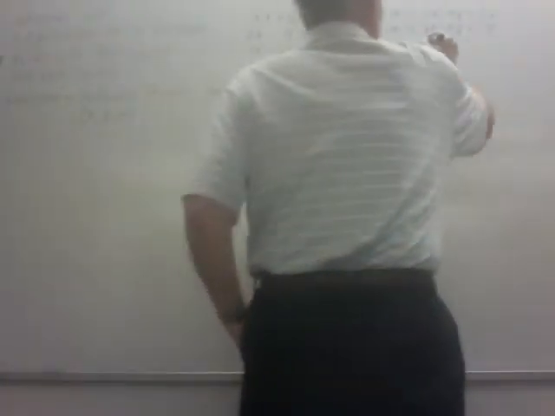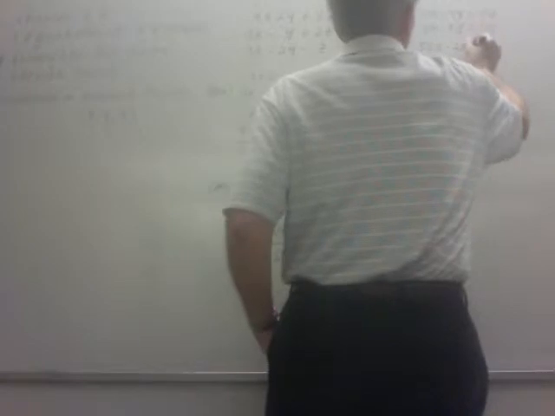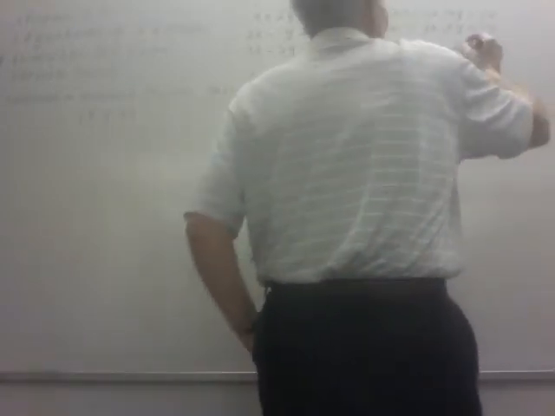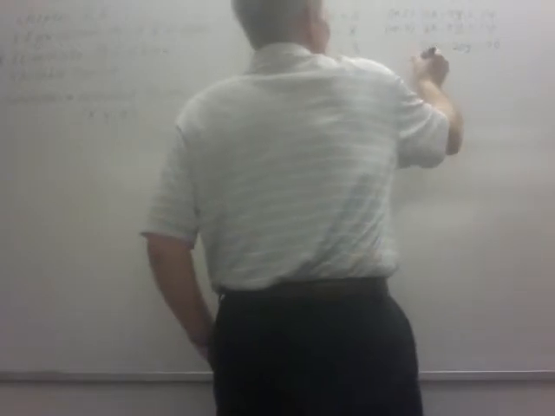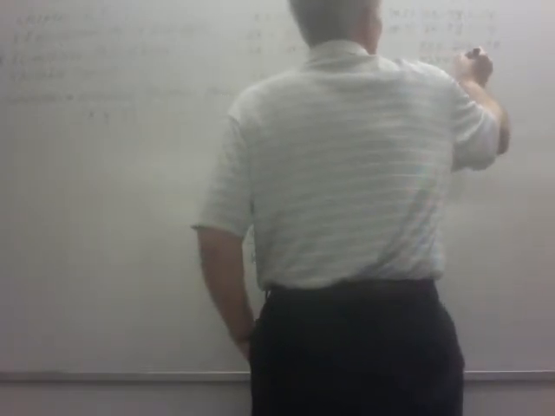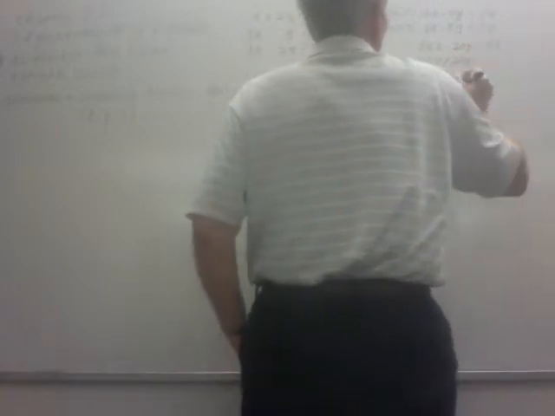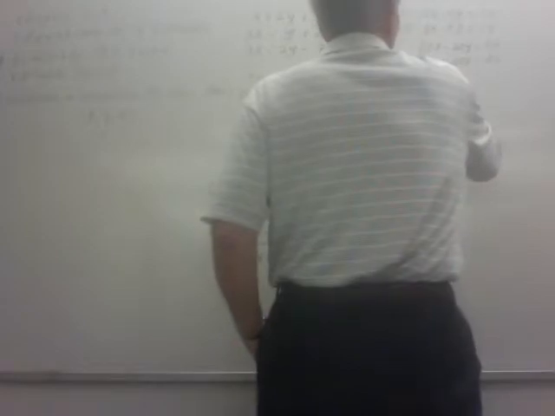So I've got 50x minus 20y is equal to 70. This gives me negative 32x plus 20y is going to be equal to negative 56. Okay, if my multiplication is correct.